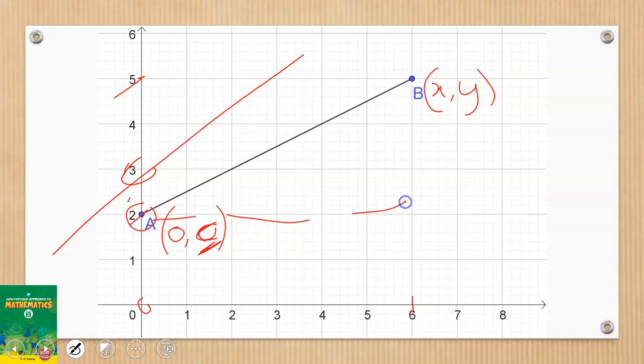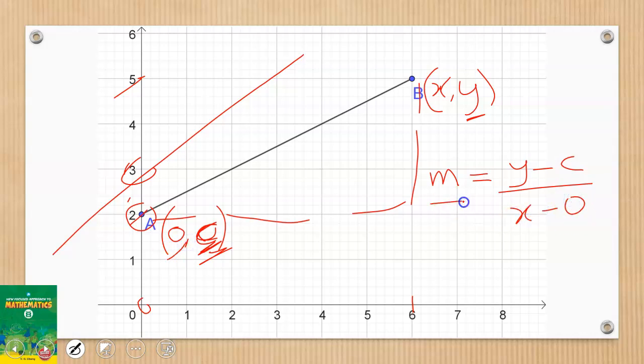If I try to find the gradient of this line with the points (0, c) and (x, y), then I will say m is equal to y2 minus y1, which is y minus c, over x minus 0. Now remember this over 1.